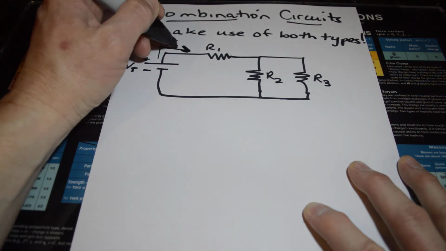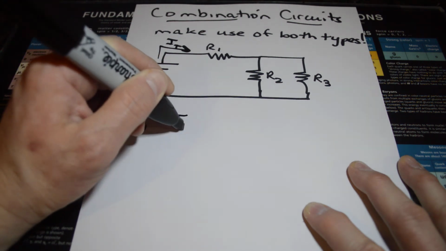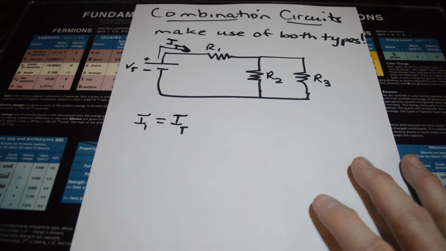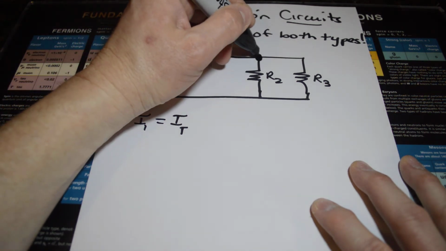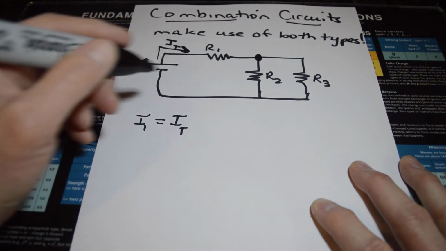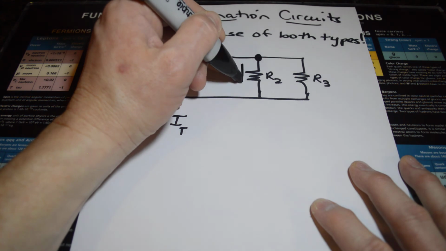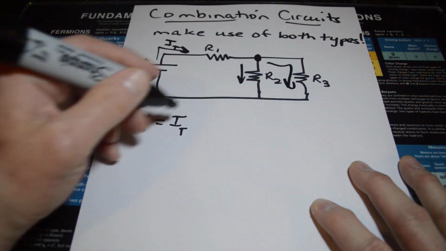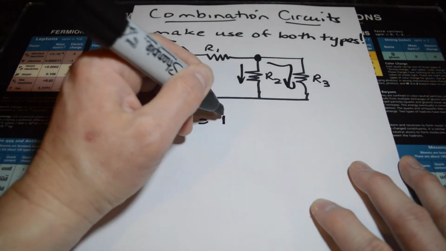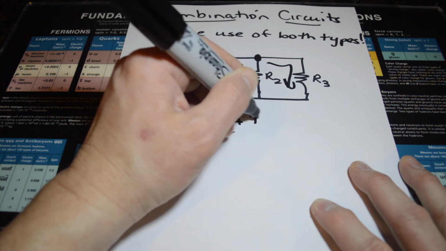R1 is going to get the same as what's given out of the power supply, so I1 would equal the total. If you put that little dot there, it's also called a junction. When that current goes into that junction, it's going to have two pathways. It could either go through R2 or R3. So it turns out that I1 is going to equal I2 plus I3.